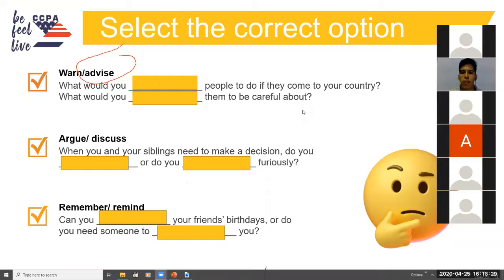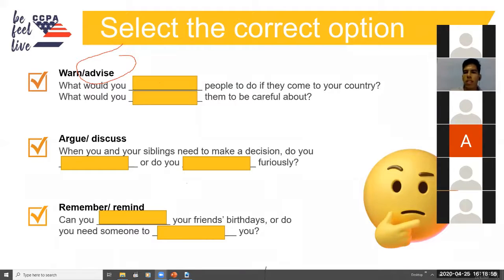Okay, let's start with Pablo Benitez. Pablo, are you there? Hello, Pablo. So what do you think are the right words for the first pair of questions? What would you people to do if they come to your country?